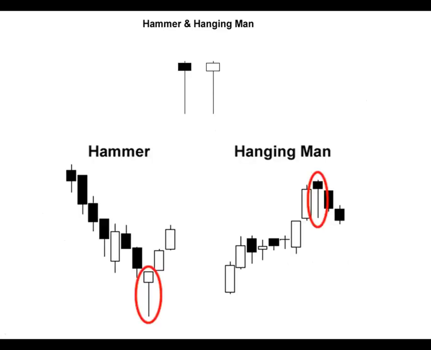Now, let me go back. Look at it. This is what it means. It's saying that, yes, a hammer is formed, but which candle formed before the hammer? It is this sell candle that was formed before the hammer came.